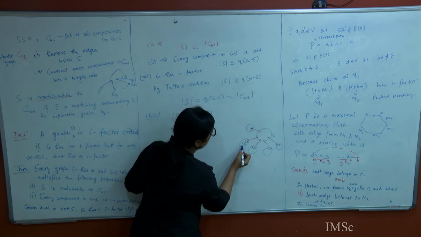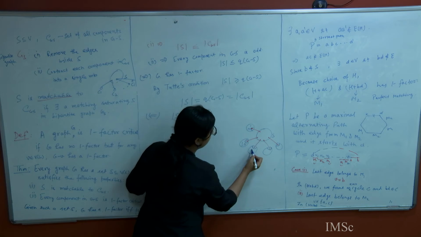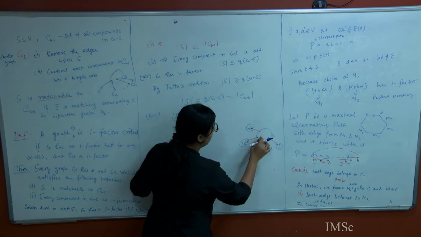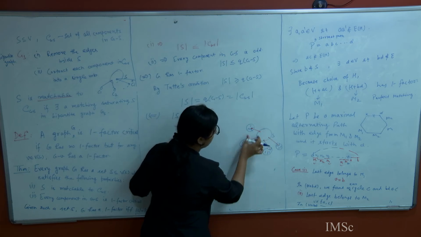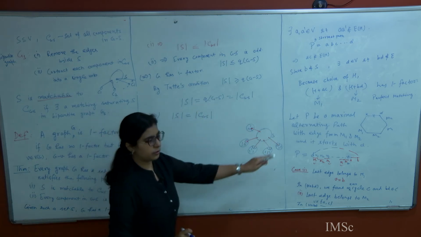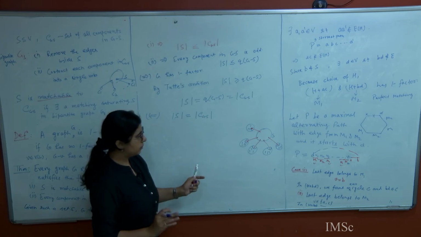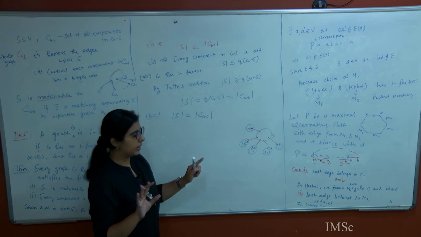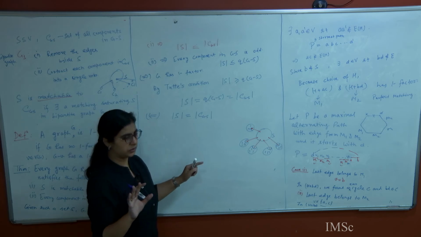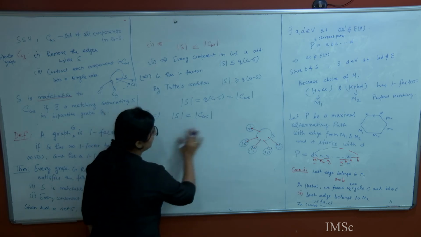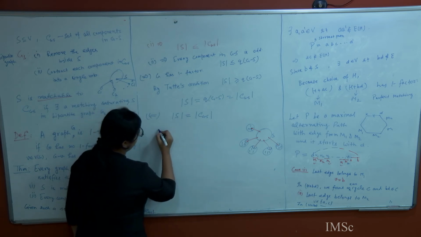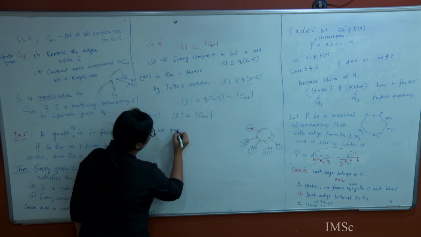So you have some matching which saturates everyone here, and all the vertices of S are matched with one vertex from each component of G minus S. So this is a one-factor for G, right? We have covered every vertex, we have saturated every vertex, so we can simply give a one-factor.